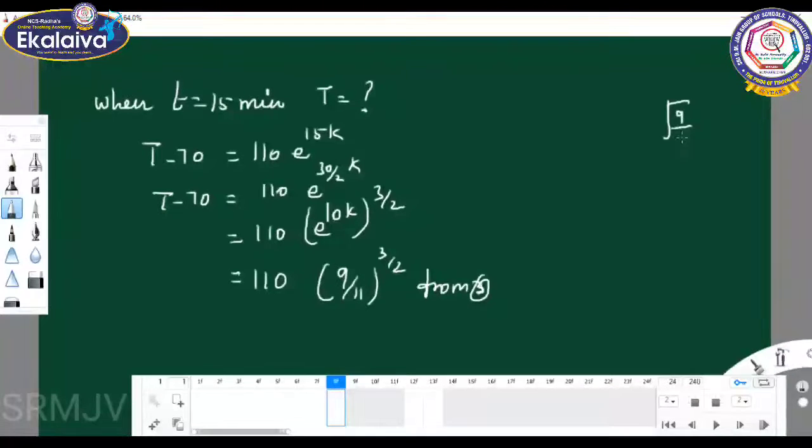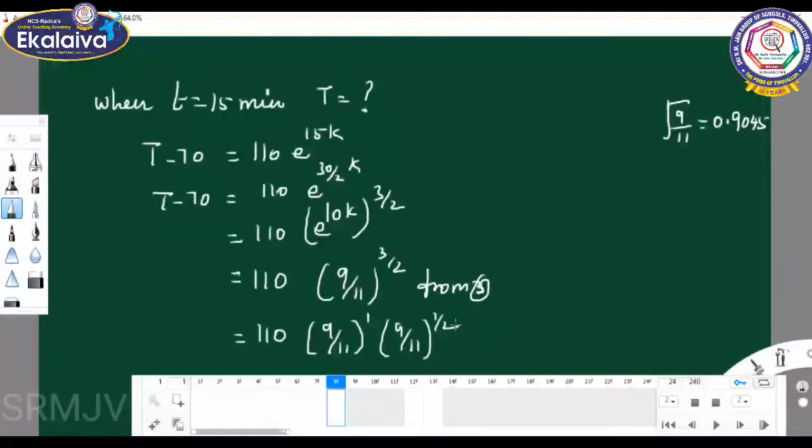Square root of 9 by 11 equal to 0.9045. So here 110 into (9 by 11) whole power 3 by 2 you can split up into (9 by 11) whole power 1 into (9 by 11) whole power 1 by 2.